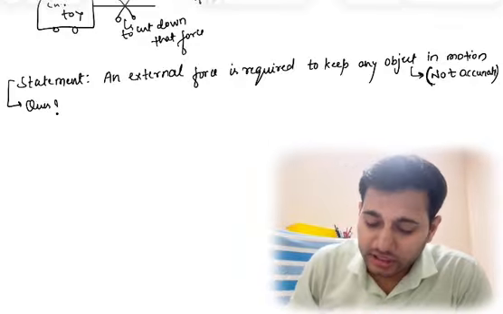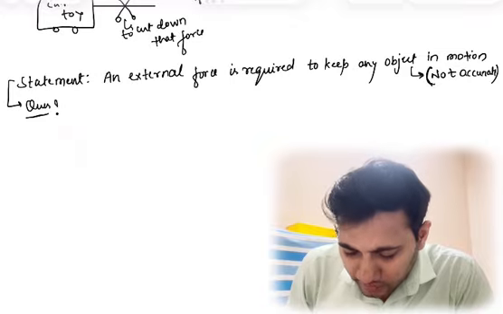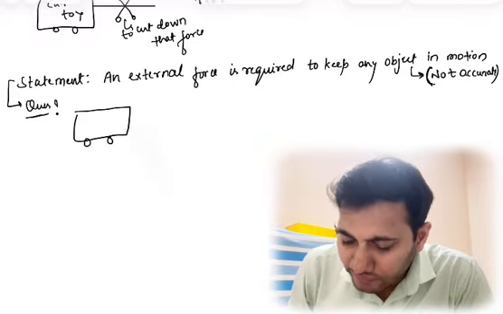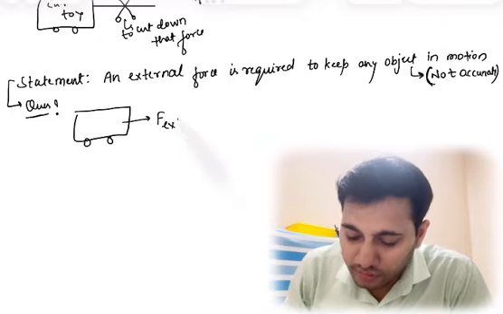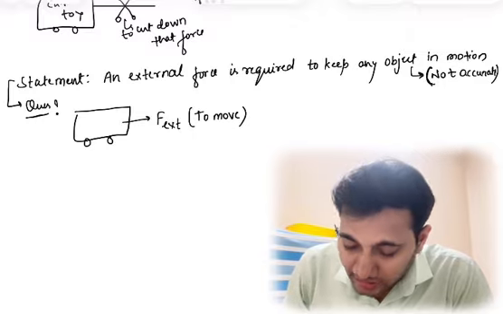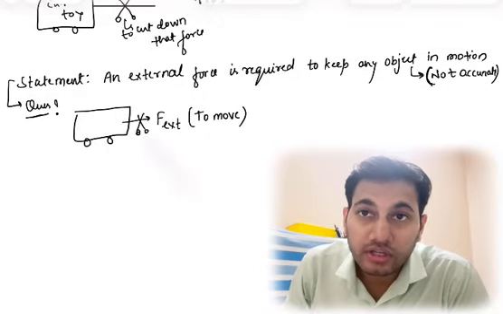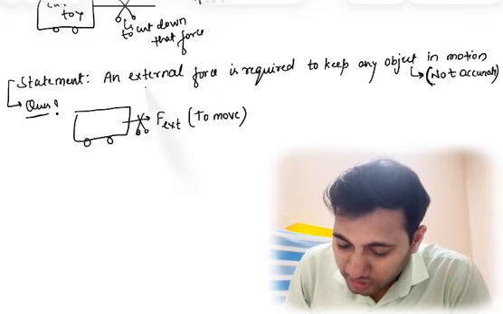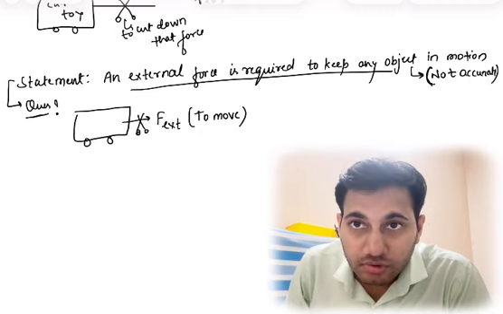Now a question came into scientists' minds: if there is an object and an external force F is applied on that object to move it, and if at any instant we cut down or remove this force, then according to Aristotle, an external force is required to keep any object in motion.